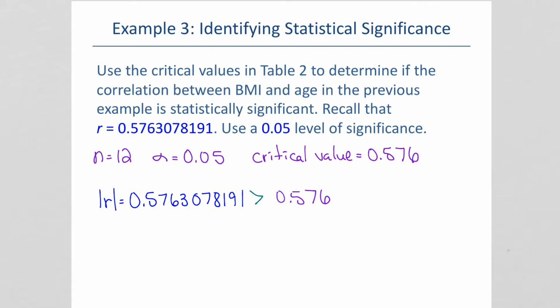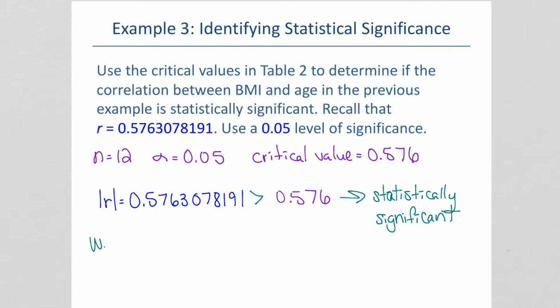So the absolute value of R is greater than the critical value, which means that our situation is statistically significant. Not by much, but it is.